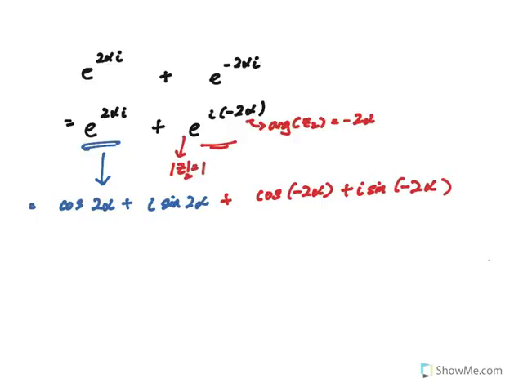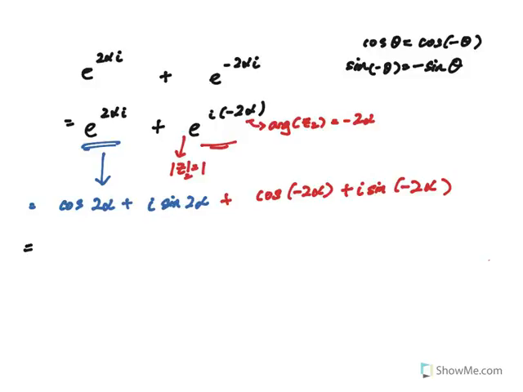Using our knowledge from trigonometry, remember that in general cosine theta is the same as the cosine of negative theta, because cos theta is an even function, and the sine of negative theta is the same as the negative of sine theta. I hope you still remember this. Otherwise, shame on you.